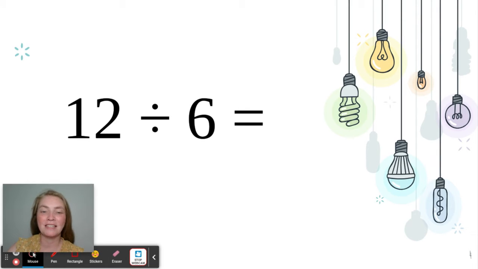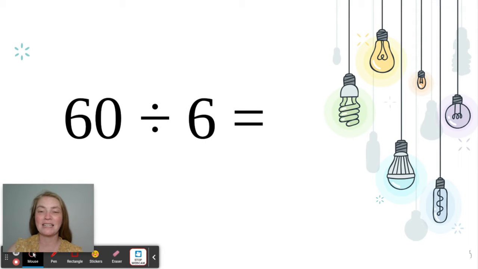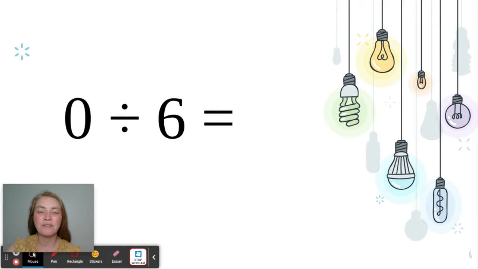My friends, that is equal to 2. 60 divided by 6 is equal to 10. Let's keep moving. 0 divided by 6 is equal to 0.